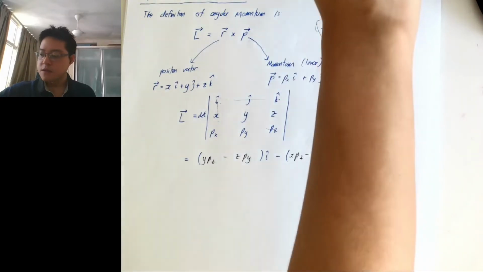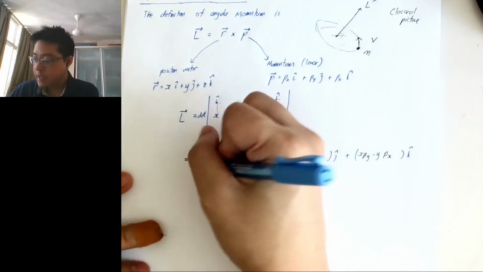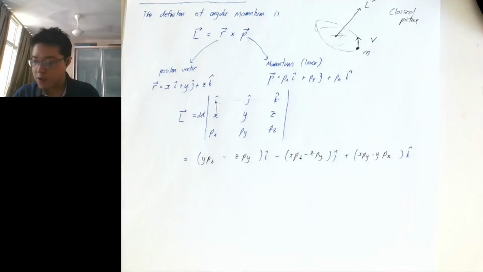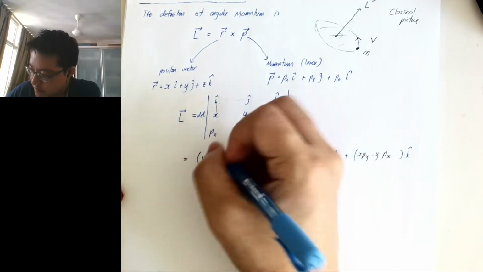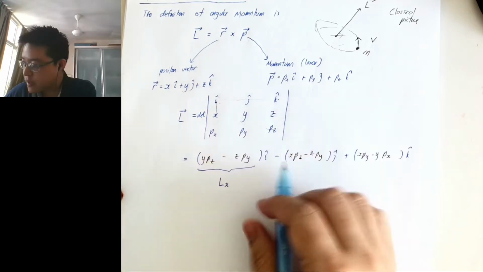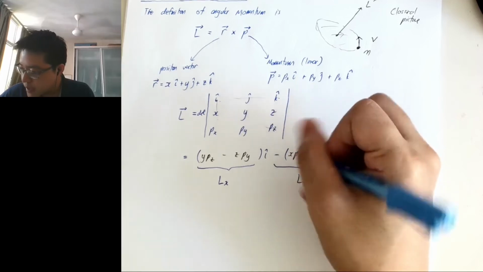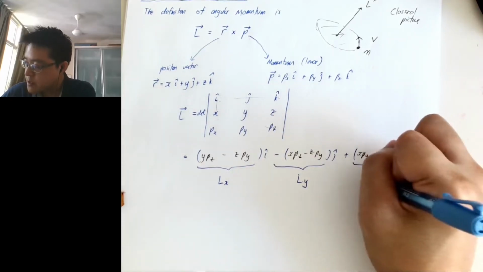Okay, so then these are the elements of my angular momentum. This is a vector, and this gives me the xyz components. So this is the x component of my angular momentum vector, and this one, be careful, there's a minus sign in front. This whole thing is going to be the y component, and this thing is going to be the z component.